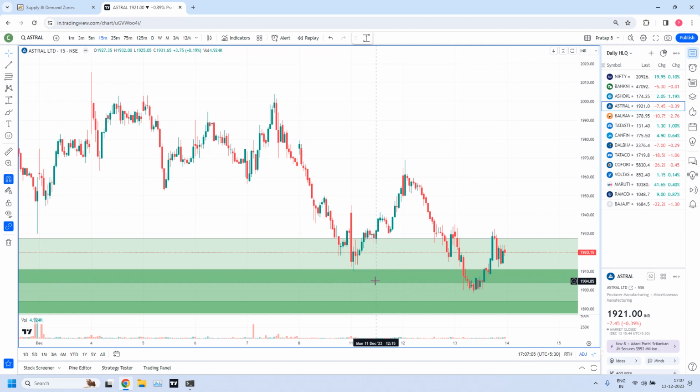And second thing, when will this 15-minute zone give multiple entries? If it is a high liquidity zone. Again, if 15 minutes is also a high liquidity zone, which is inside the 75 minutes, which is inside the daily. The hierarchy, we won't take any deviation.